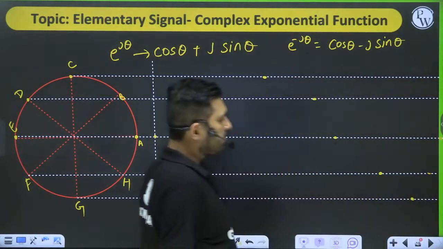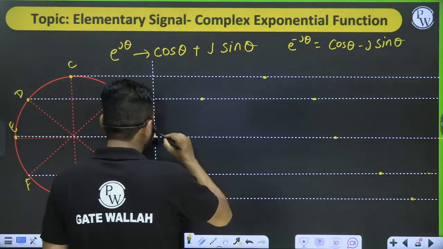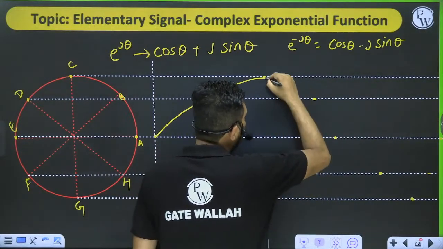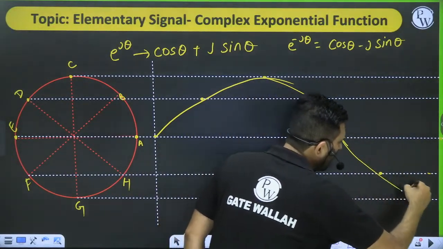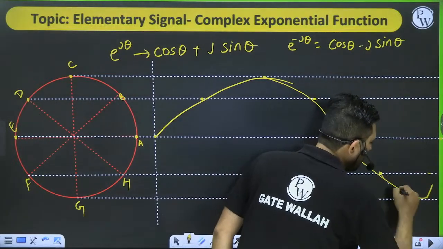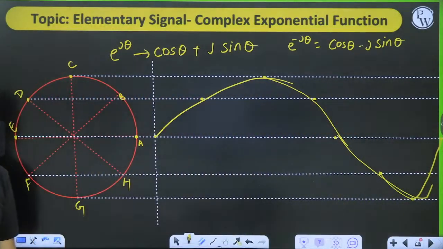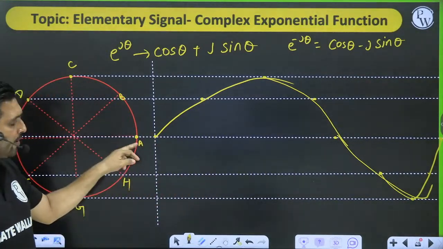Like this. Forgive my drawing. So what you will get is this one, see? This kind of function we will get. So this is a perfect cosine wave, a sine wave, if I start from here.